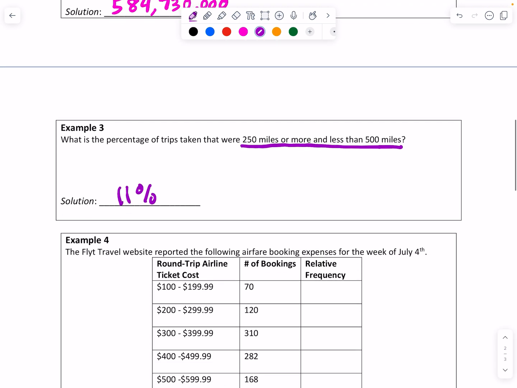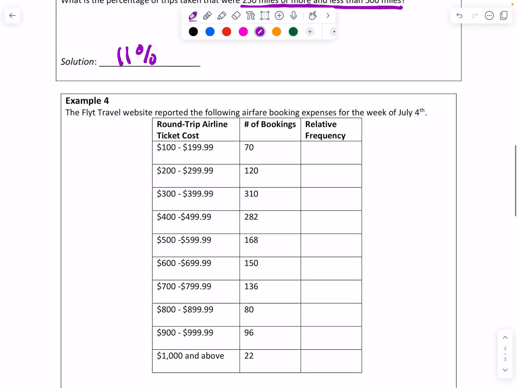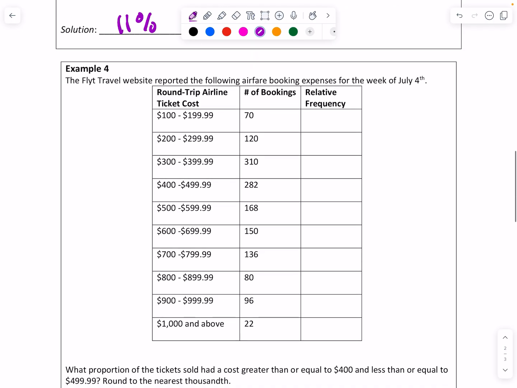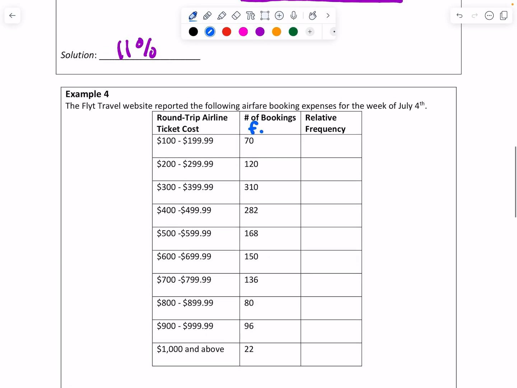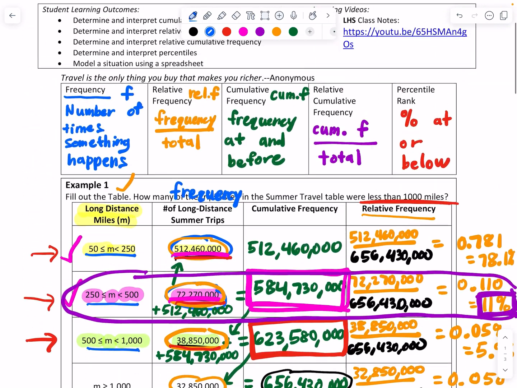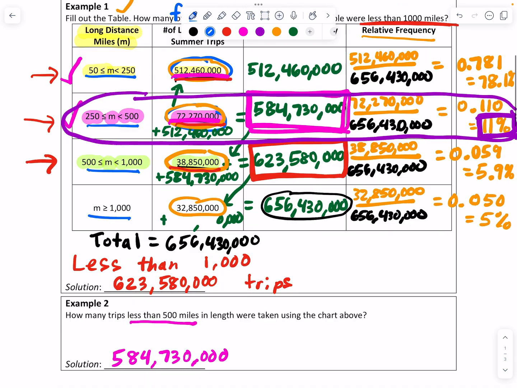Example 4 says the flight travel website reported the following airfare booking expenses for the week of July 4th. So these are our different airplane costs, like ticket costs in the first column. The second column is the number of bookings, how often that happened. So this is our frequency. The relative frequency, let's go ahead and find that. Remember, relative frequency is frequency divided by total.